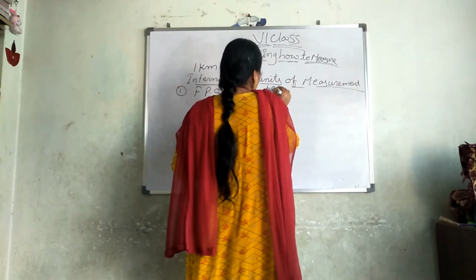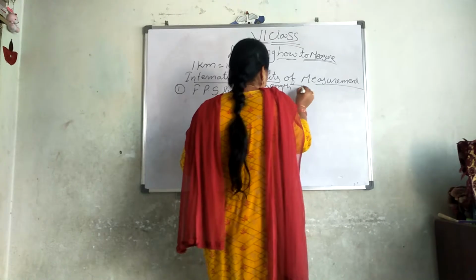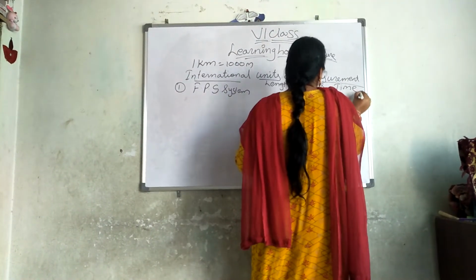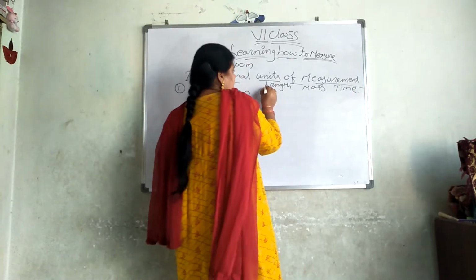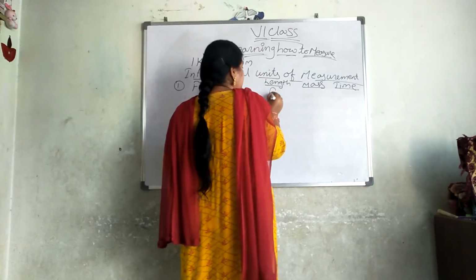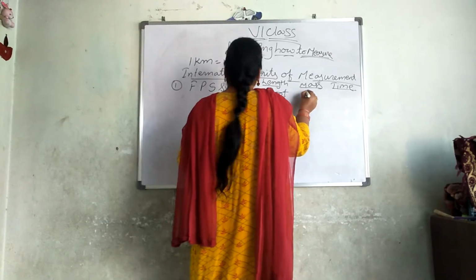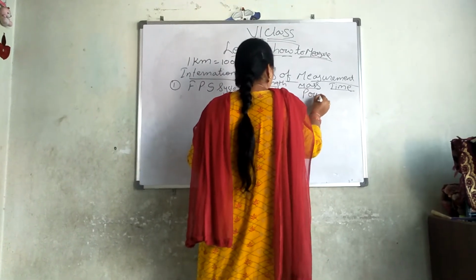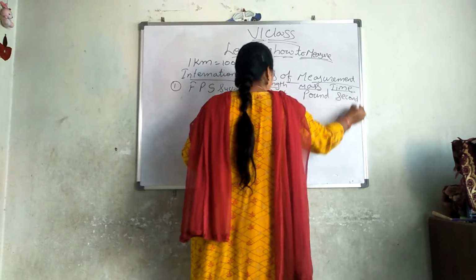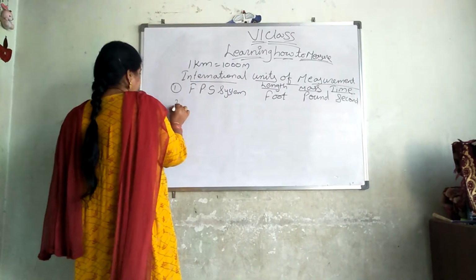Here we are going to write length, mass, time. We are going to find out length, mass and time. What does F mean? F means foot, P means pound, S means second.